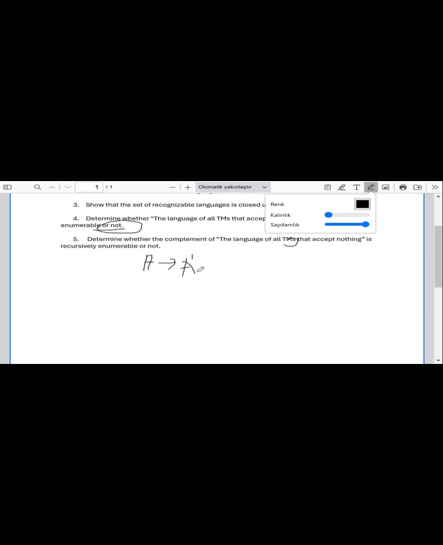Let's make the analysis. We can generate a list of such Turing machines. The method: systematically enumerate inputs for each Turing machine. If a Turing machine accepts any input, we include it. Proof strategy: create an algorithm that generates Turing machines systematically.